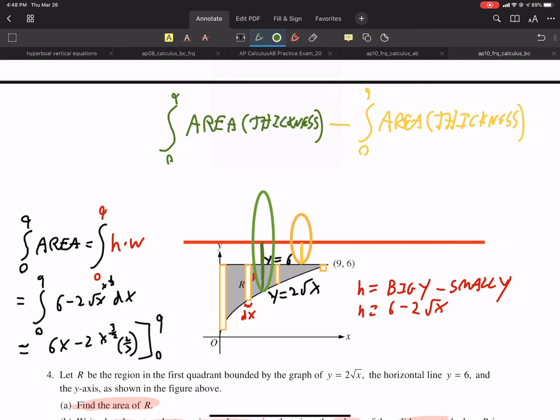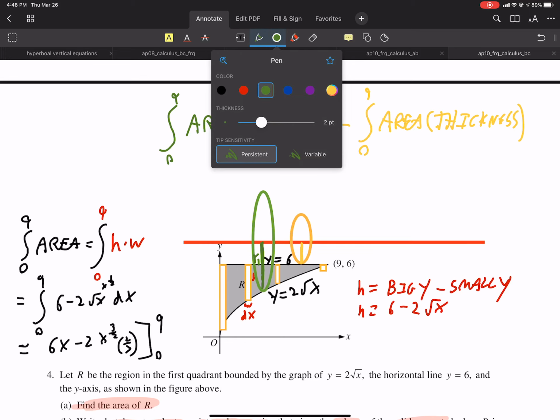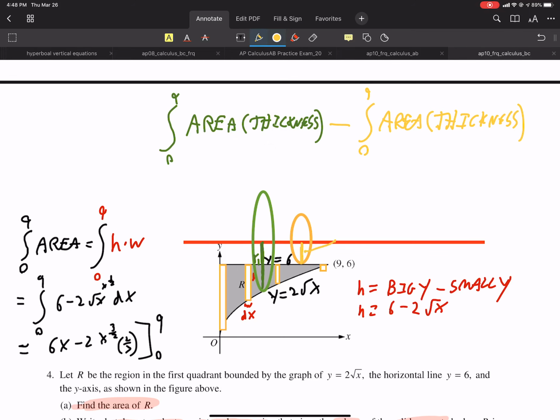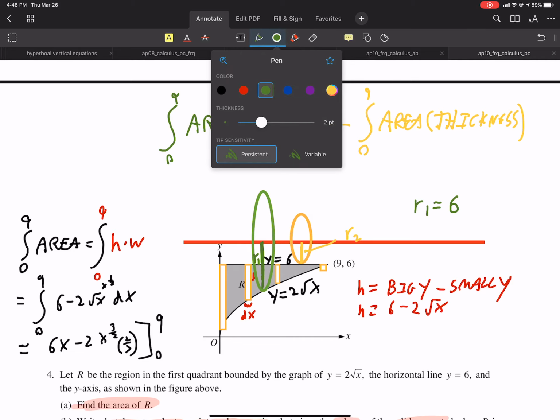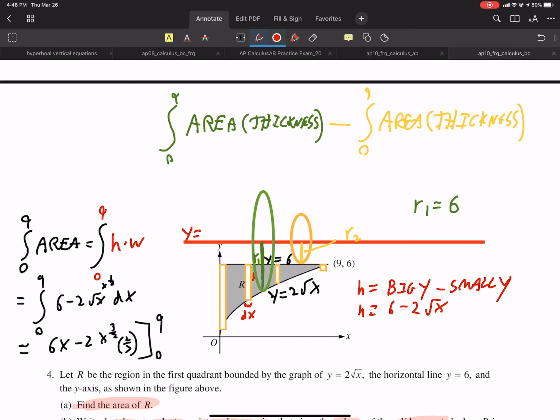Let's call this R1, and this one is R2. So R1 is big Y minus small y. Big Y is that red line, not 6, that's 7. I should label that so we know what it is. This line is y equals 7.